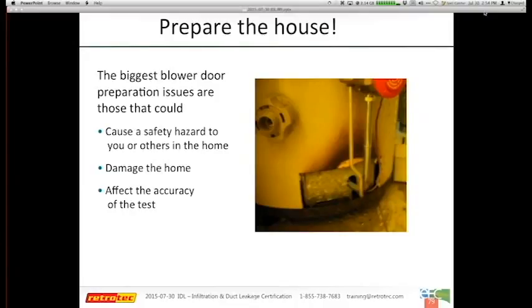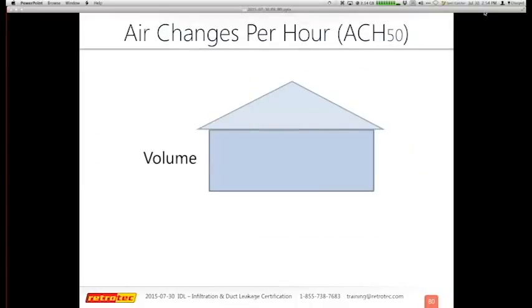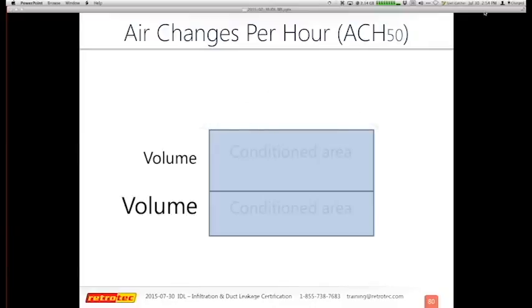When we're doing calculations, we're dealing with volume for the blower door. And the more volume I have of the conditioned space, the better my chances are of passing the code or showing a better number for air changes per hour. I know a lot of people are after square footage of surface area.